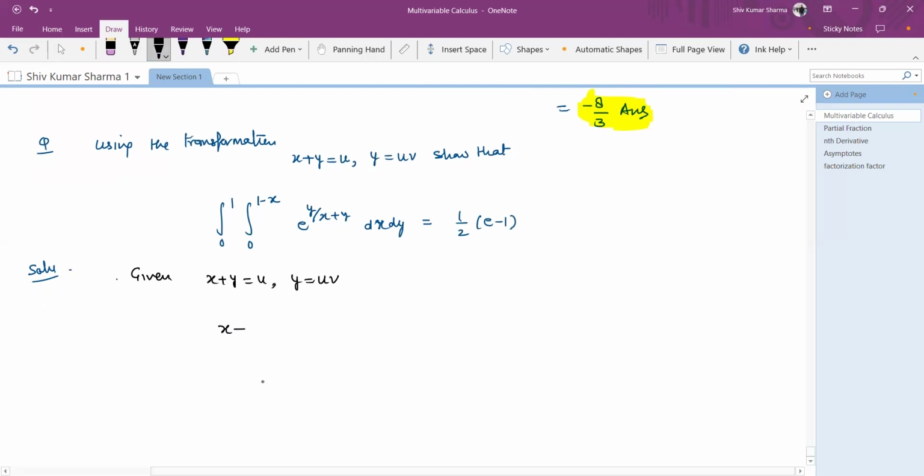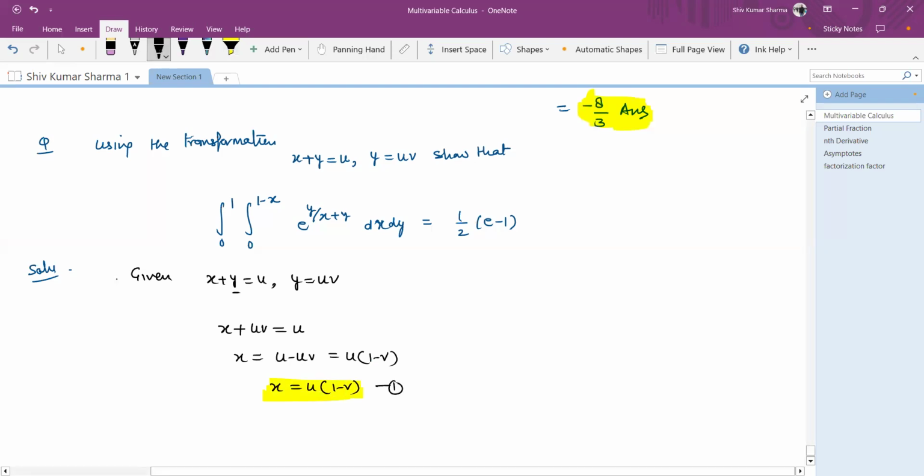So we put the value of y: uv plus x is equal to u, so x gives us u minus uv. This can be written as u into 1 minus v. So here x equals u into 1 minus v. So x is a function of u, v. Okay, so this is our first equation.